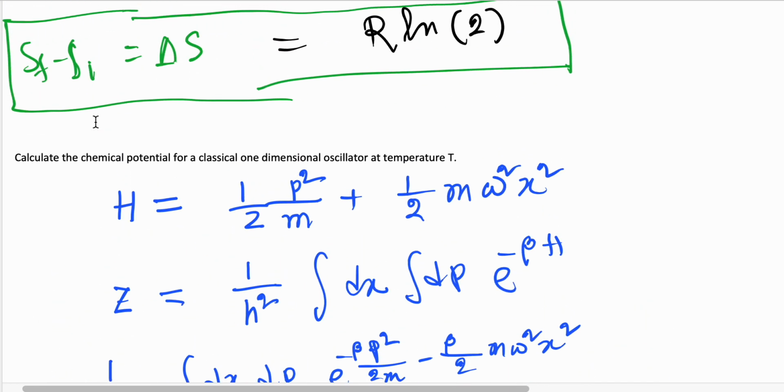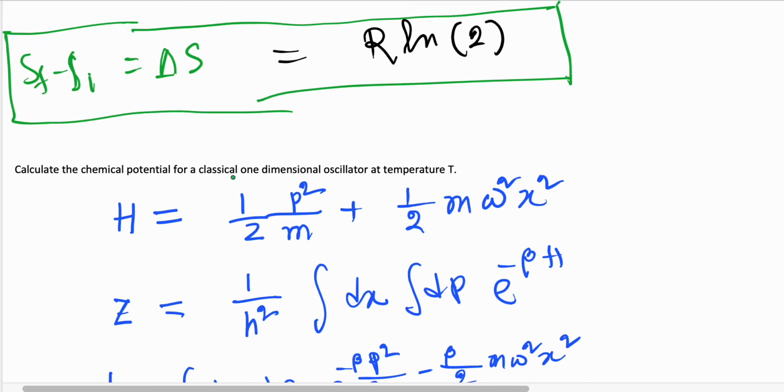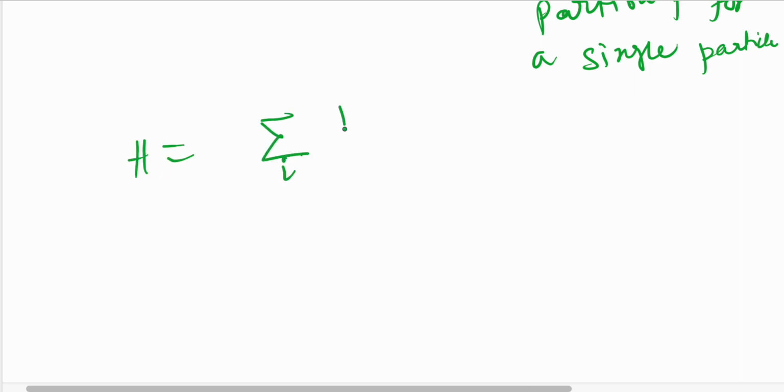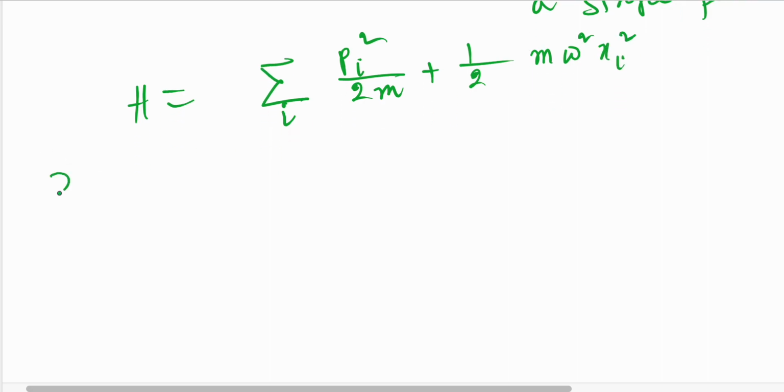If there are N particles, then the Hamiltonian will be H equal to summation over i of pi square by 2m plus half m omega square xi square.